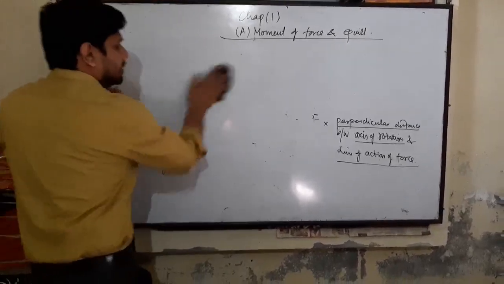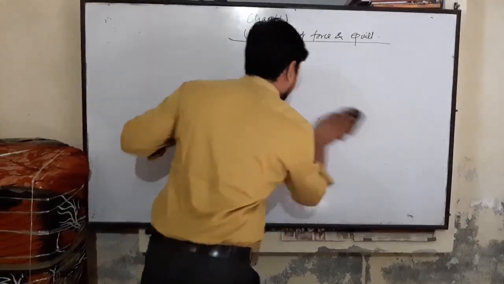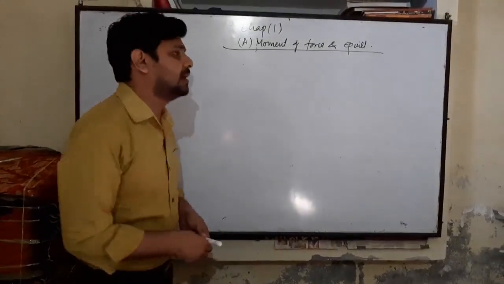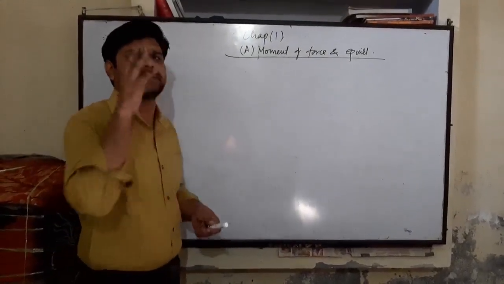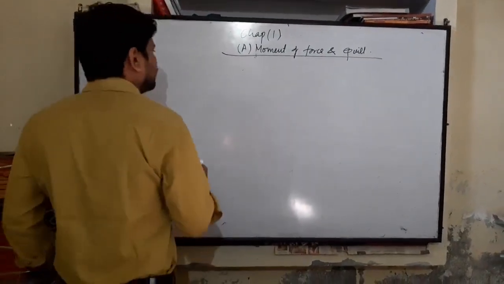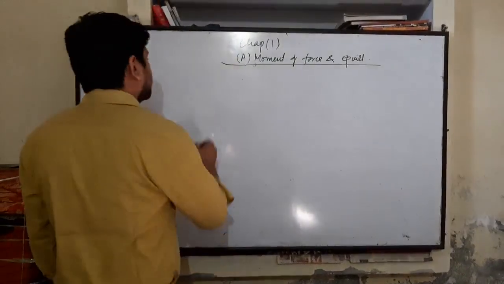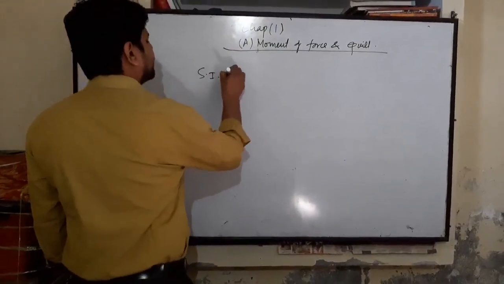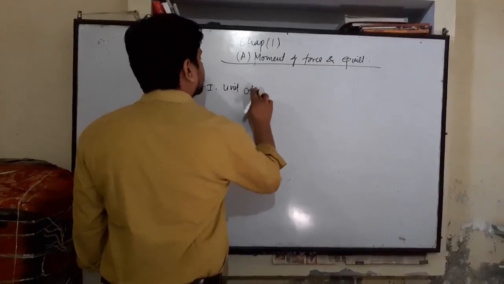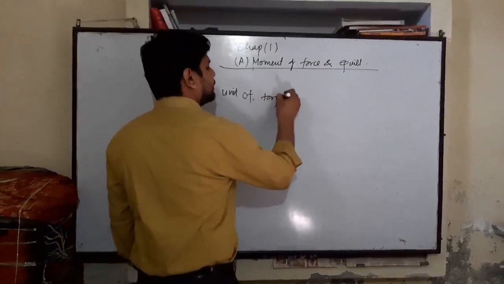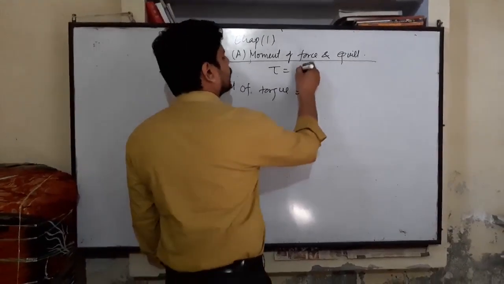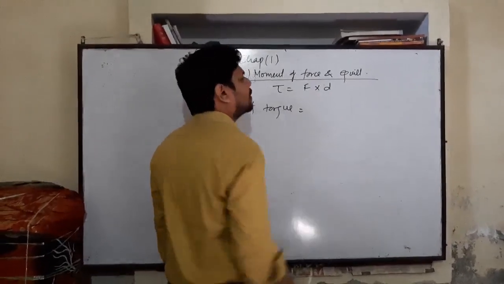Now we have studied what torque is and what torque causes: it causes rotation motion. Now we have studied the formula for torque. The SI unit of torque is equal to the formula force into distance, d or r.